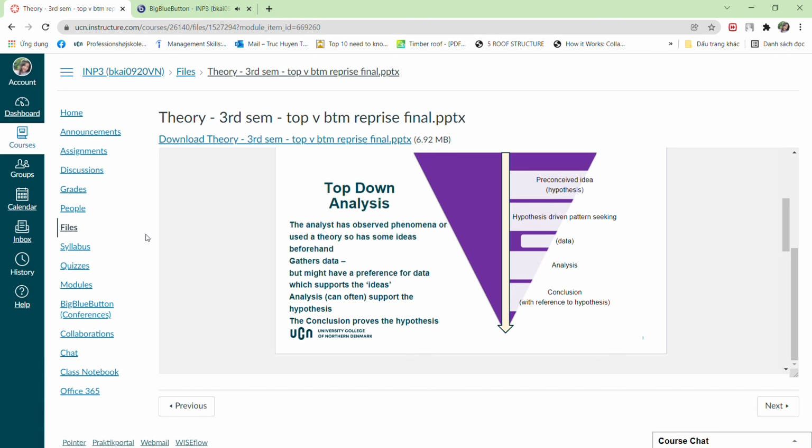So the difference must be the scientist. Is the scientist someone who wants to prove their own ideas, or is the scientist someone who just pretends that they're not part of society and have no real ideas? Or is there a sort of compromise? And of course the answer is there is a compromise, because scientists have ideas.